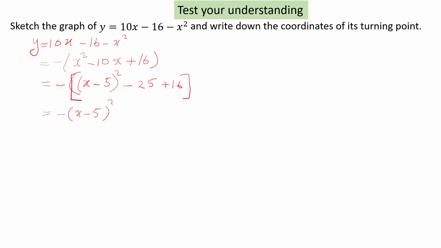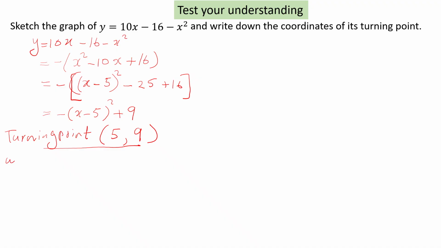Negative times negative 9 is positive 9. Now the turning point. The turning point is at the minimum value of the bracket, which is x equals 5, and the y value is 9.